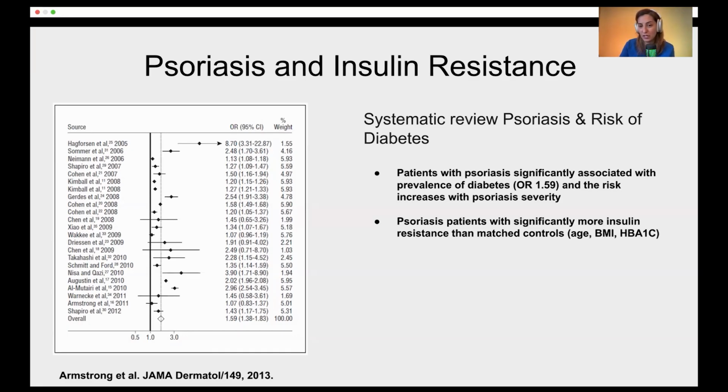So there is that association there. And psoriasis patients have significantly more insulin resistance than controls matched for age, BMI, and even hemoglobin A1C. So it means just having psoriasis by itself is somehow increasing your risk for insulin resistance.